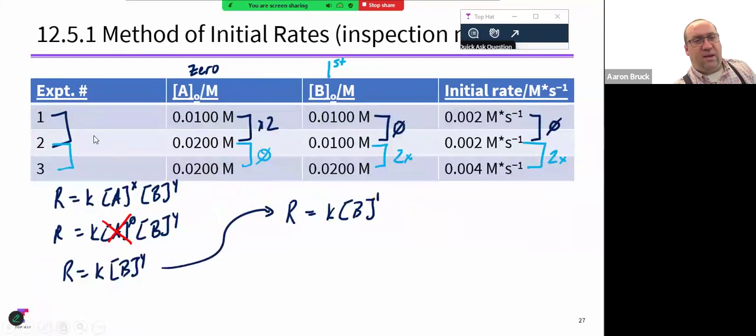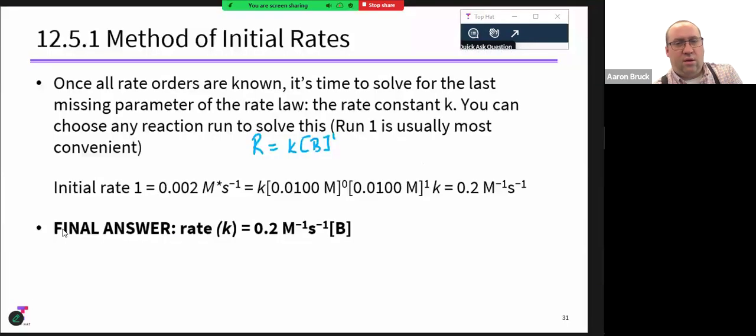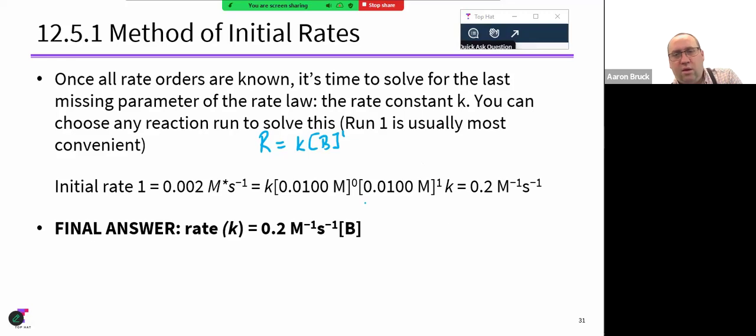So I go back to the data table. The data table says that the rate was 0.002 and B was 0.01. So 0.002 molar per second is equal to K times 0.01 molar.